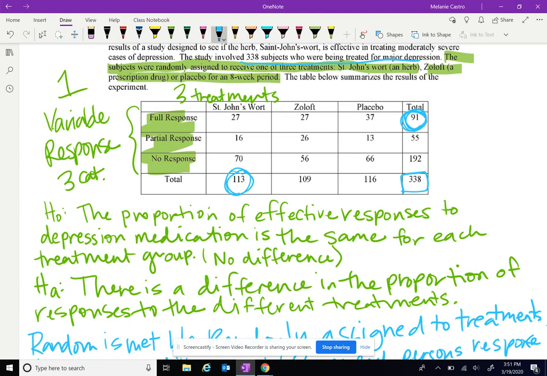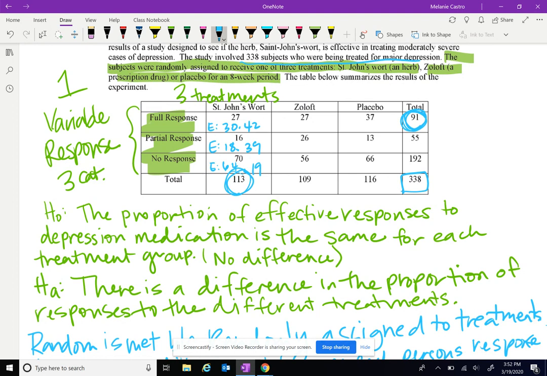So if you go through and multiply 91 times 113 and divide by 338, you would get an expected count of 30.42. 113 times 55 divided by your total, you would get an expected of 18.39. Our expected for no response taking the St. John's wort, 64.19. I think if I can read my own handwriting.